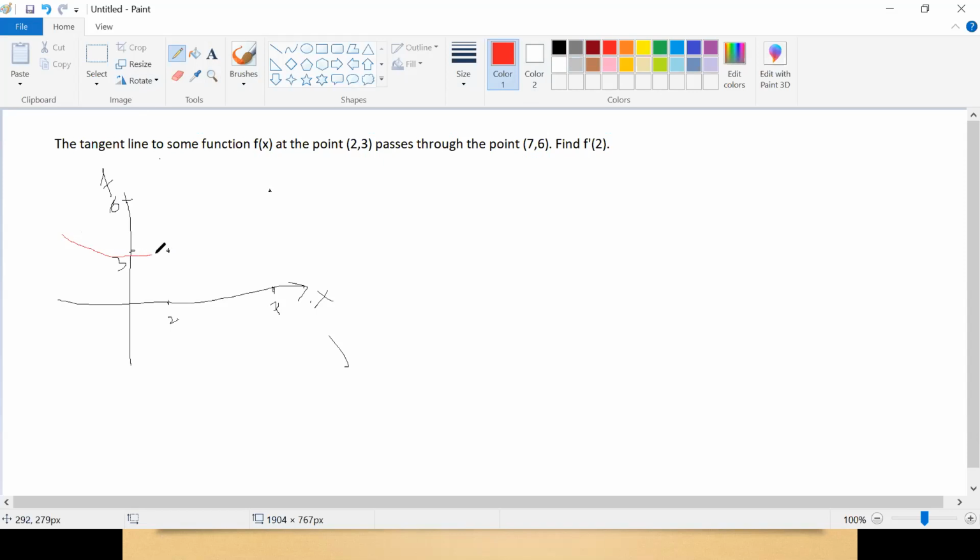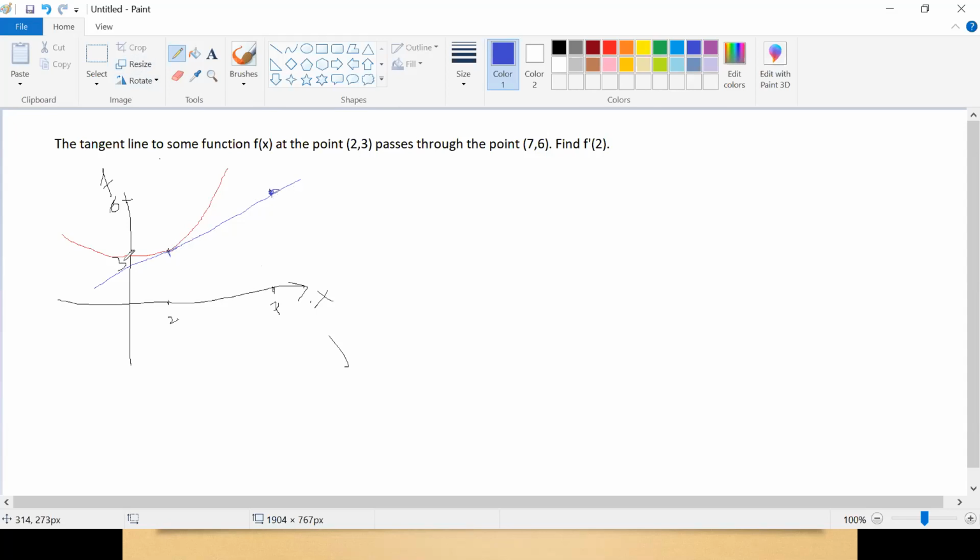Say we have some weird looking function like this, and the tangent at this point 2, 3 also passes through this point, let's say this was 7, 6. So if we draw the tangent at this point 2, 3, the question tells you that it also passes through 7, 6.